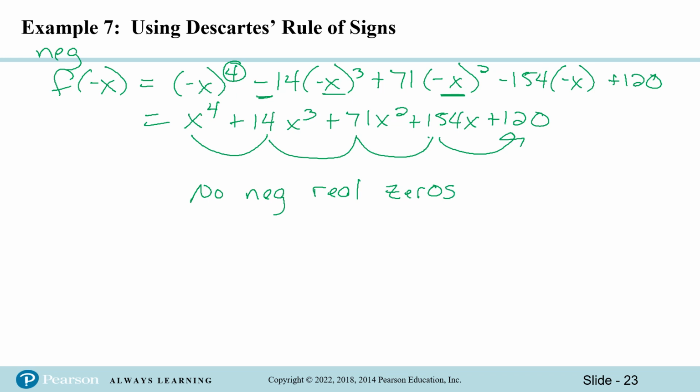Put that together with the total of 4 zeros, and that tells me that they're either going to be positive or complex. Those are the two possibilities. We didn't say anything about complex zeros, but we could have 4 positive, none of them are going to be negative. Or 2 positive, 2 complex.